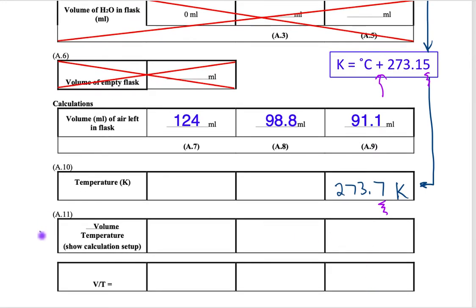Now, these two steps here are closely related to each other. Really, the only thing we're looking for here in this row is the physical setup of the mathematical expression, volume divided by temperature. In this case, it'd be 91.1 milliliters divided by 273.7 Kelvin.